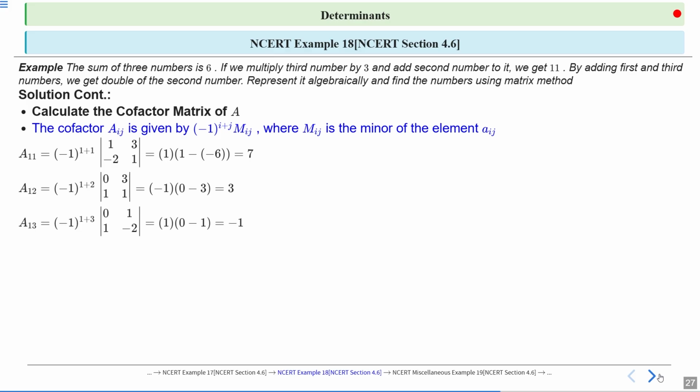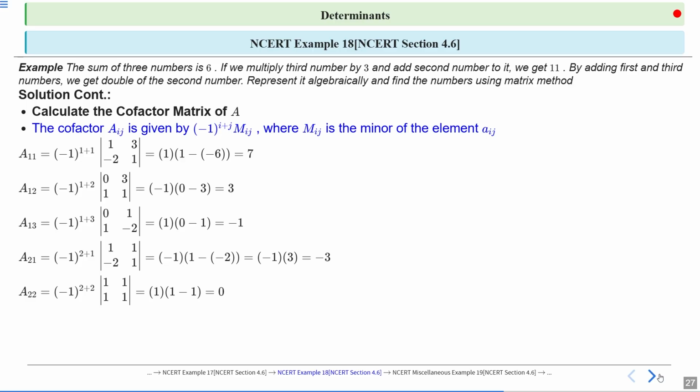In a similar way, cofactor A13 is -1, A21 is -3, A22 is 0, A23 is 3.